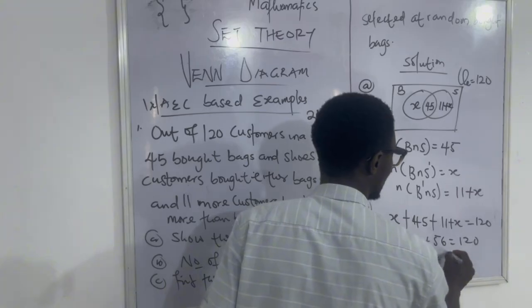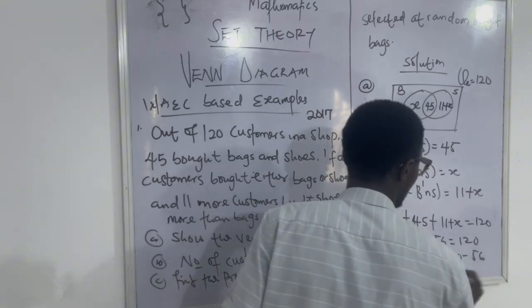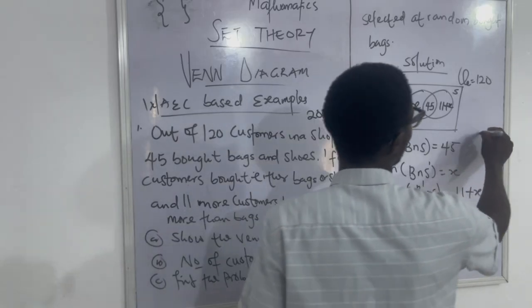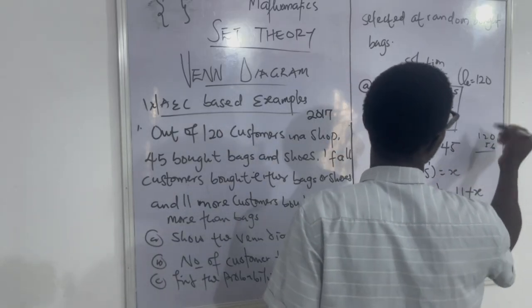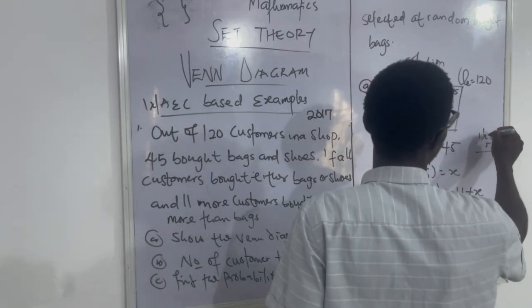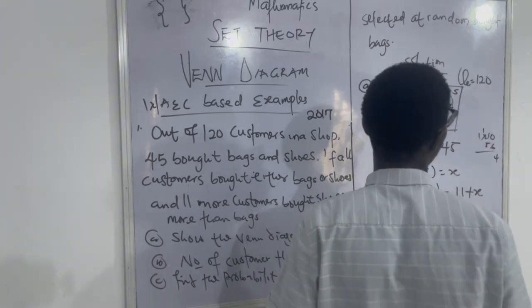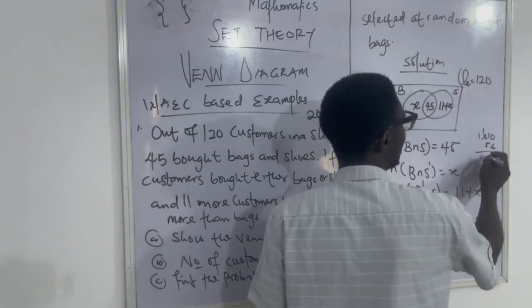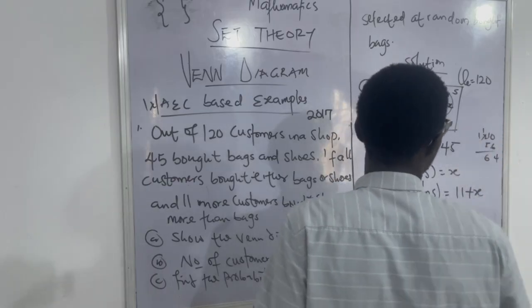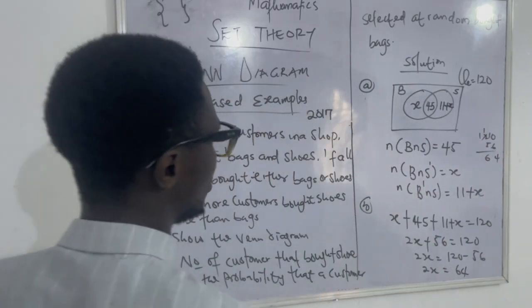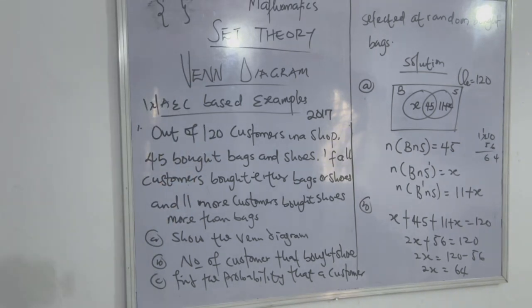So 2x equals to 120 minus 56. We can just do that. This is 1, this is 4. 11 minus 5, that's 6. So that is 64.